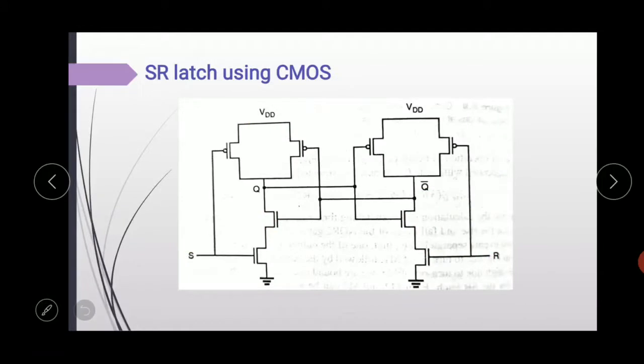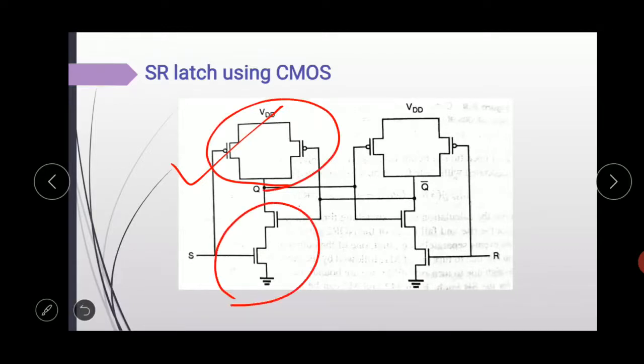Next, this is the SR latch using CMOS logic. Here you can observe that the dot operation is used, and for the dot operation PMOS is connected in parallel, so this is the PMOS part and this is the NMOS part, with NMOS connected in series.